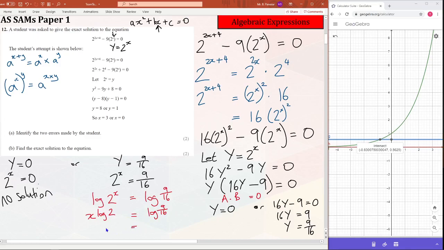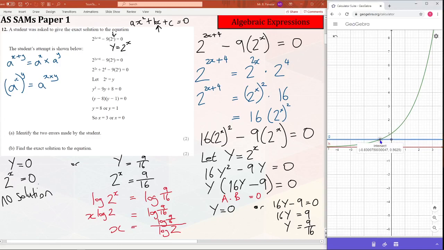And then my x, the exact value for x using logs, is log 9 over 16 all divided by log 2, and that will give you 4 marks for part B. Just to explain visually what's happening, this is definitely my solution.